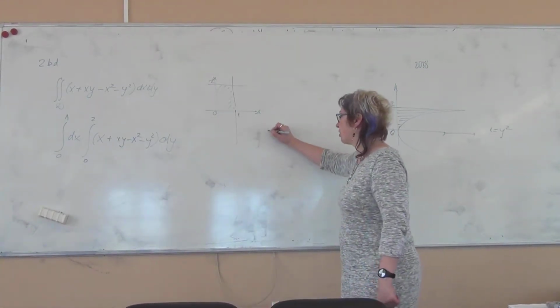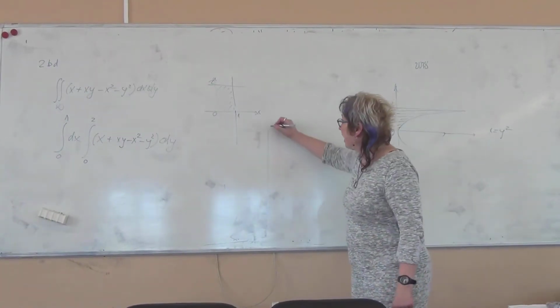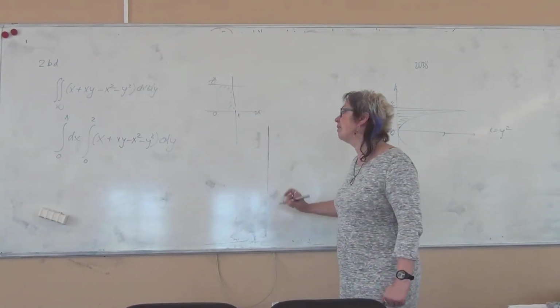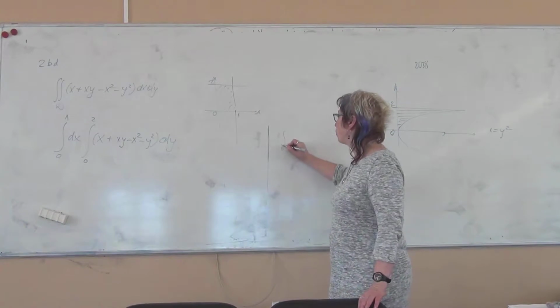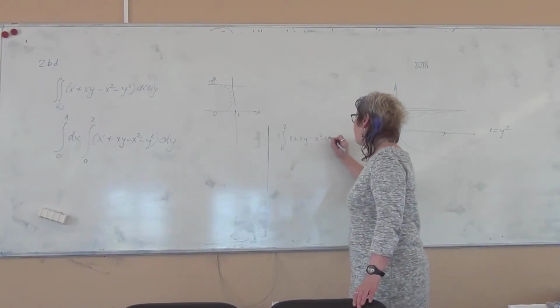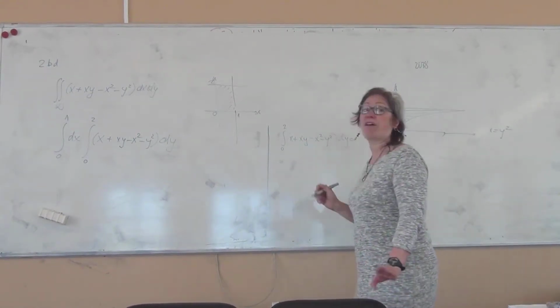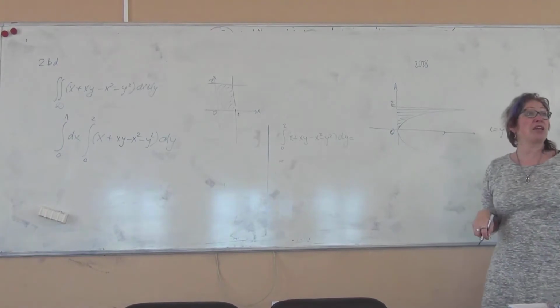It's better to do it somewhere on the side, not exactly in line. So from 0 to 2, x plus xy minus x squared minus y squared, integrated by dy. So y is the variable, and we pretend that x is a constant.